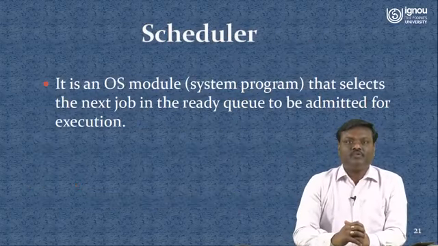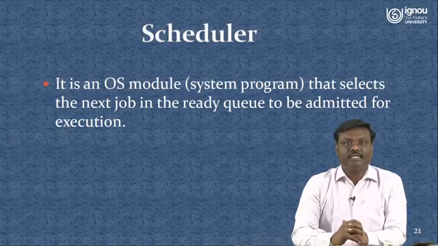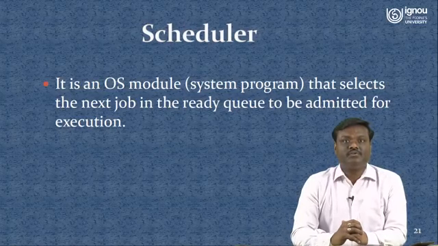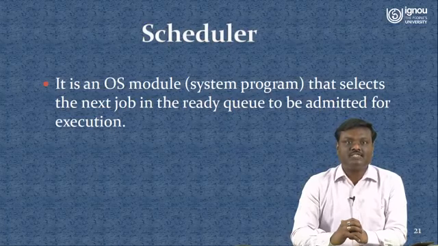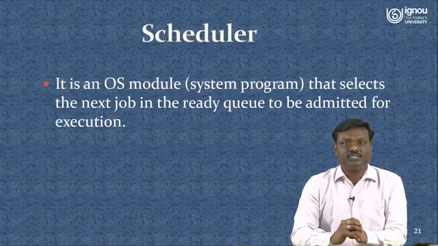When we talk about process scheduling, there are two types of schedulers available. First of all, what is a scheduler? It is a simple program, or a system software written in the operating system, that selects the next job in the ready queue to be admitted for execution. This is called a scheduler.